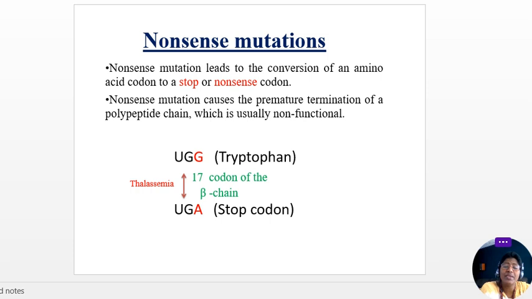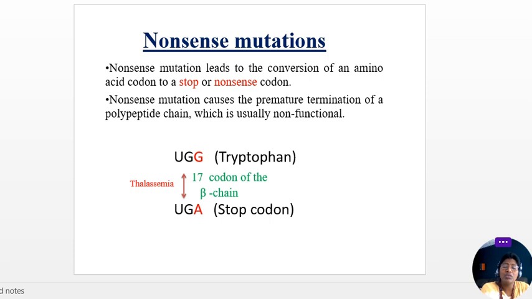In thalassemia, the 17th codon of the beta chain in the normal DNA is UGG, which is responsible for the amino acid tryptophan. When it is mutated in the third nucleotide, G is mutated into A, it produces UGA. So it is a stop codon.